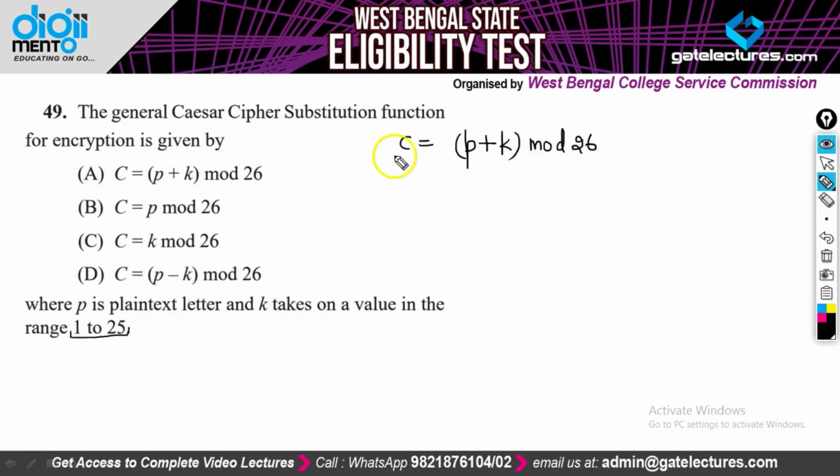So this is a stronger method than the previous one, and they are asking for the Caesar cipher substitution function for encryption. It is given by the first option. If you look at the D option, this is for the decryption. If we perform encryption by using this Caesar cipher function, then we will decrypt it by this method, and this is for encryption.